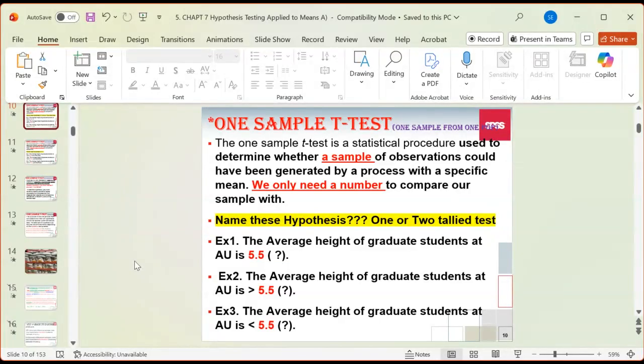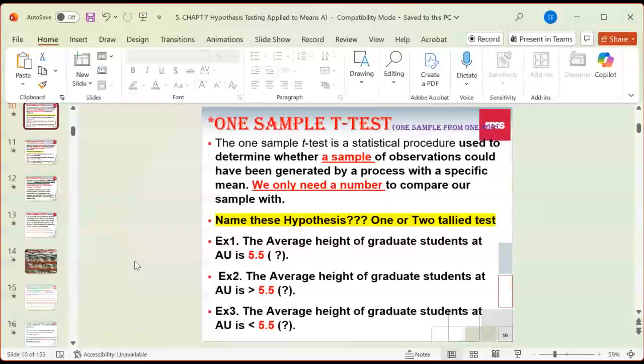We only need a number, just one number, to compare our sample with. Keep in mind that in z-score, we compare our sample mean, let's say the mean of an IQ test of our sample, with the population mean, which is known. And we know that the population IQ mean is 100. We compare it with that.